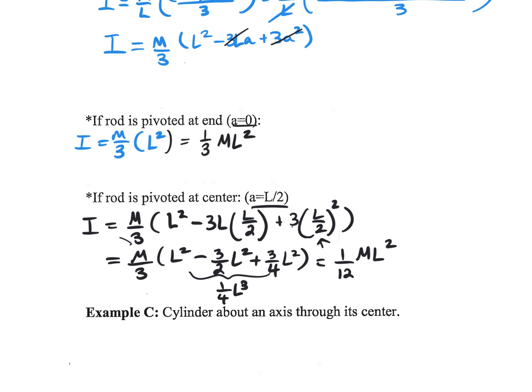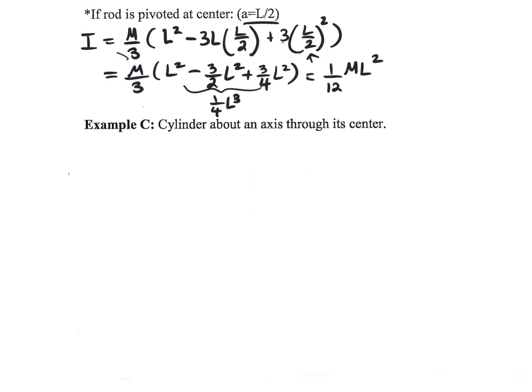So now, let's look at a cylinder with an axis through the center. We're still going to start the same every time. Integral of r squared dm. Now, if we have a cylinder, it looks like this in cross section, doesn't it?